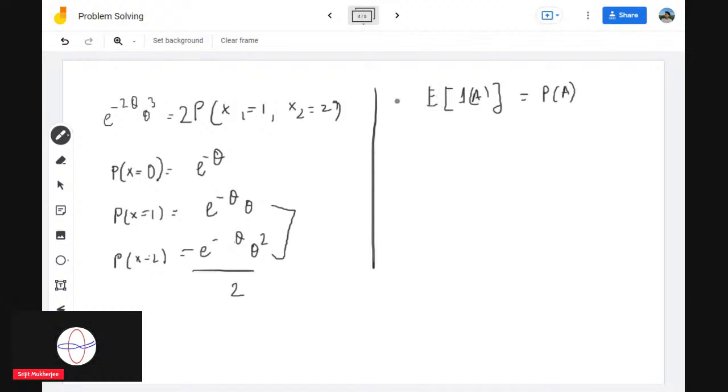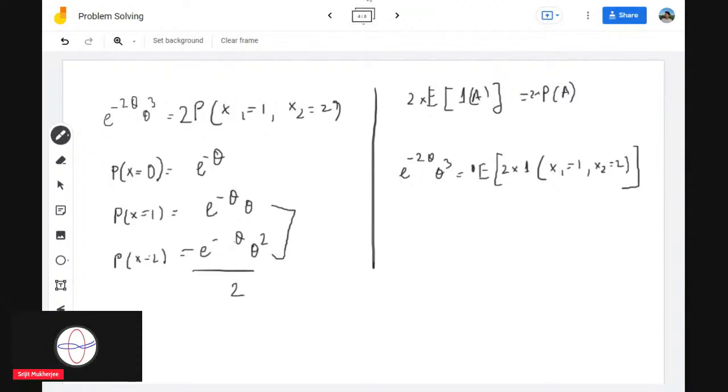Okay, so you do it twice, so you get twice of this. Therefore e to the power minus 2 theta theta cube is nothing but the expectation of twice times the indicator of x1 is equal to 1 and x2 is equal to 2, right?